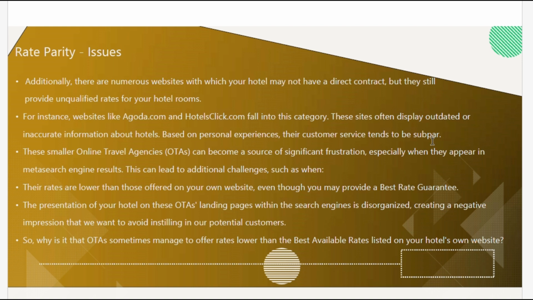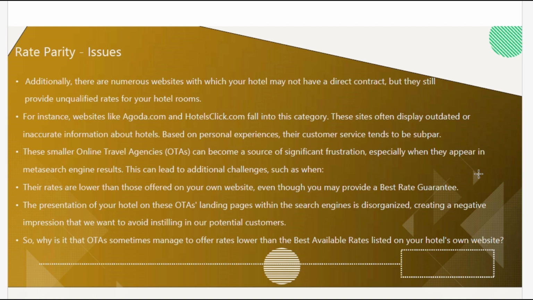For instance, websites like agoda.com and hotelsclick.com fall into this category. Based on personal experience, these sites often display outdated or inaccurate information about hotels. What we have seen over time is that their customer service tends to be subpar.